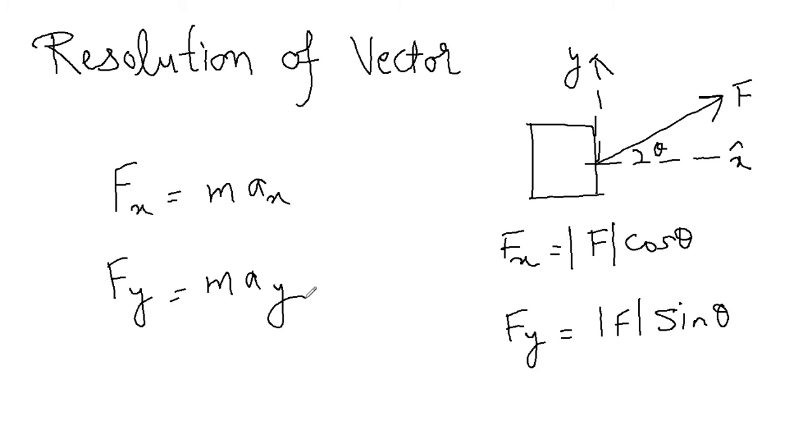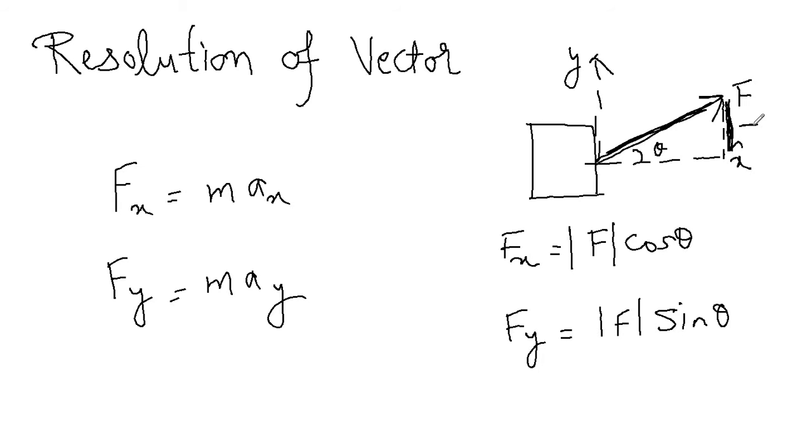So this is just one example. There can be many. This is one of the most common examples for the resolution of a vector, and to give you an idea how important this thing is. If you're still confused with how I am resolving this vector, it's very simple actually. You can just see the projection of this vector in this direction.